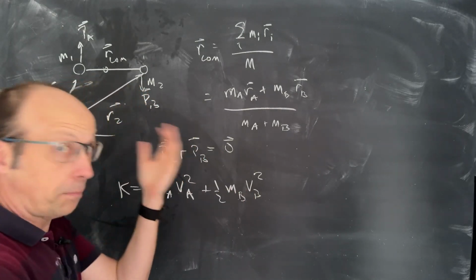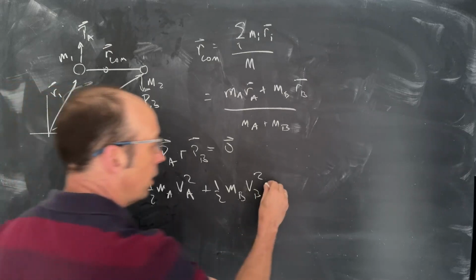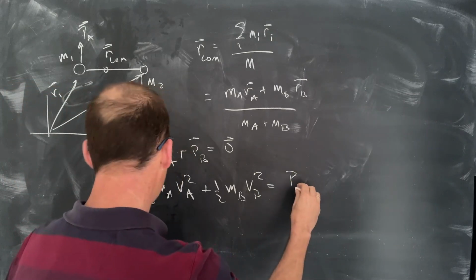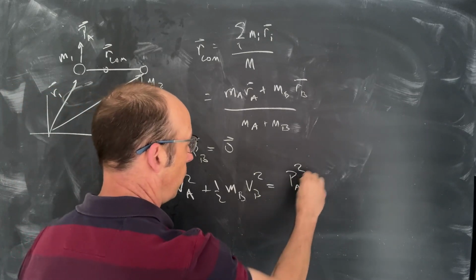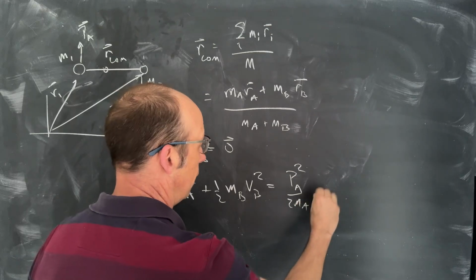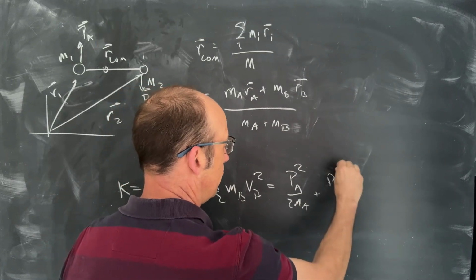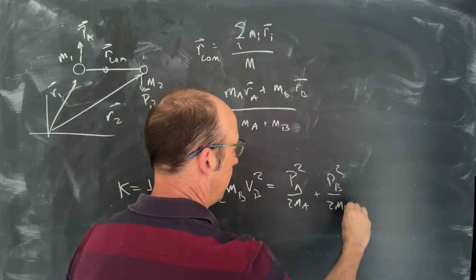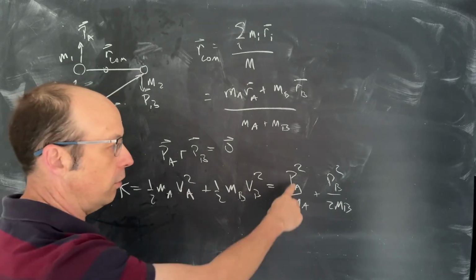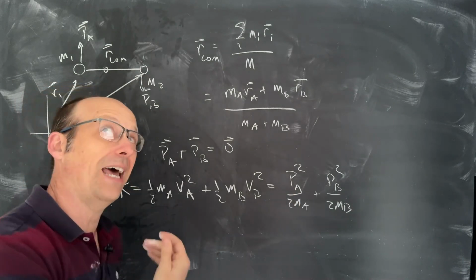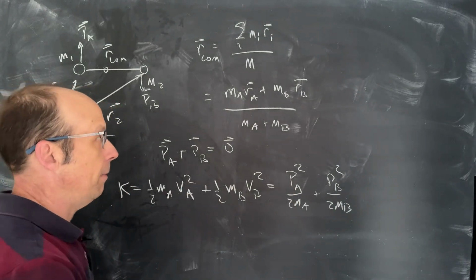Now, I'm going to actually plot this, but we can also write this as PA squared over 2MA plus PB squared over 2MB. Right? That's a little bit easier way to do it, and these are magnitudes of momentum since I have the momentums. If you divide by the mass, that's fine.